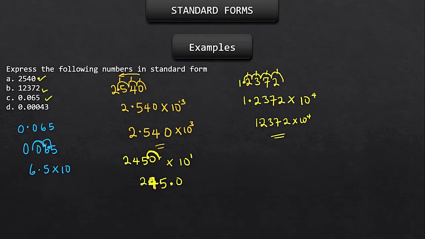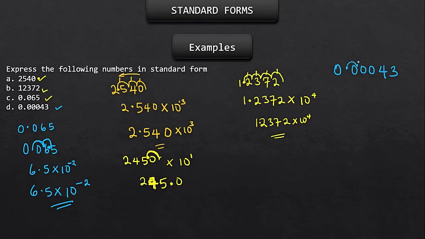How many times did we move? We moved 1, 2, we moved twice, but then we moved to the right. Since we moved to the right, we are going to write a negative. So our answer is 6.5 times 10 raised to power minus 2. Very simple. Then for this one, I'm guessing by now you should be able to do it. 0.00043. So what do we do? How many times do we jump?